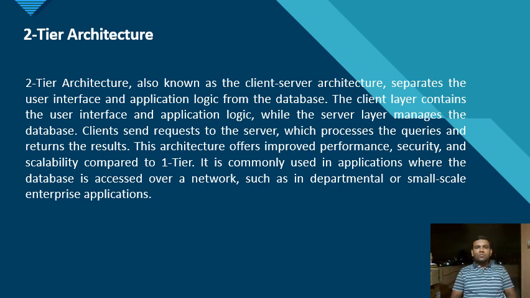Clients send requests to the server, which processes the queries and returns the results. This architecture offers improved performance, security, and scalability compared to one-tier. It is commonly used in applications where the database is accessed over a network, such as in departmental or small-scale enterprise applications. This is about the two-tier architecture.